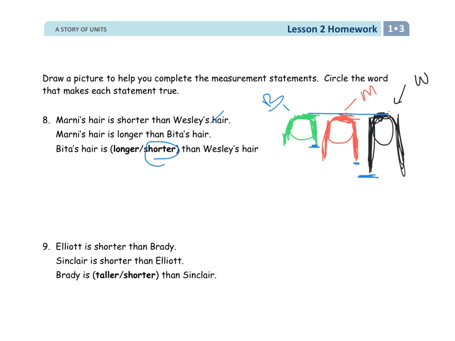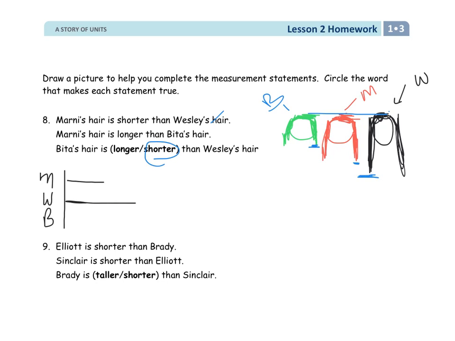So I know Marnie's is shorter, and here's my end point I'm going to use. So I know I have Marnie, Wesley, and Beta. Marnie's hair is shorter than Wesley's. So I'm drawing a line to show Marnie's hair, and that line has to be shorter than Wesley's hair. Now, Marnie's hair is longer than Beta's.